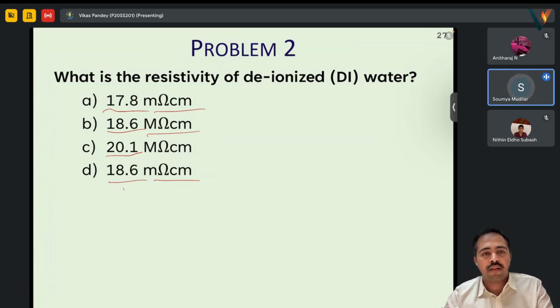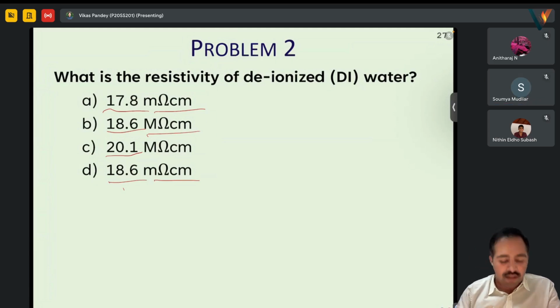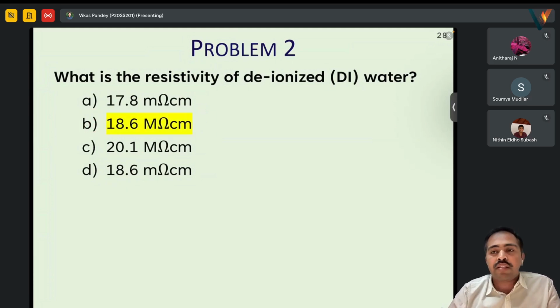Option B. Yes, very good. This is something we have covered, right? And why do we need such high purity, high resistivity? Yes, anyone?